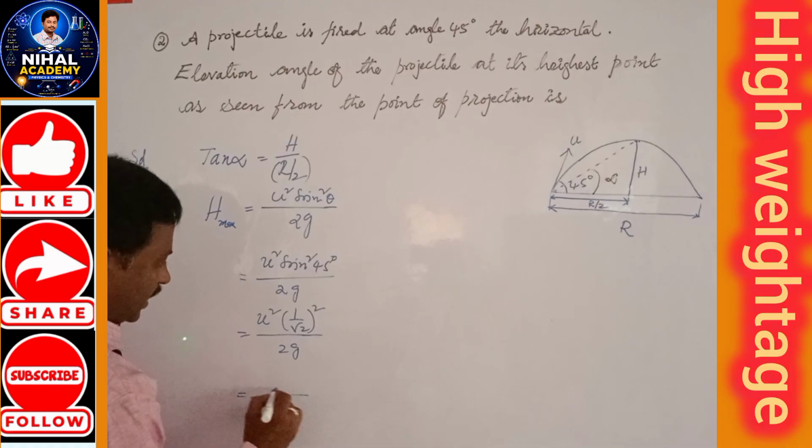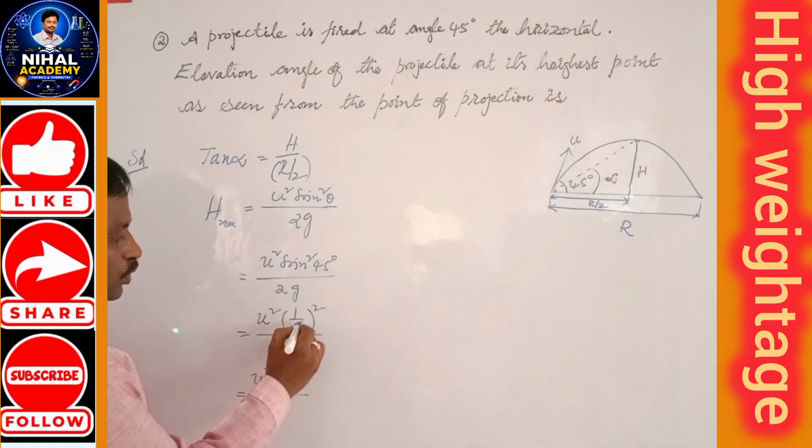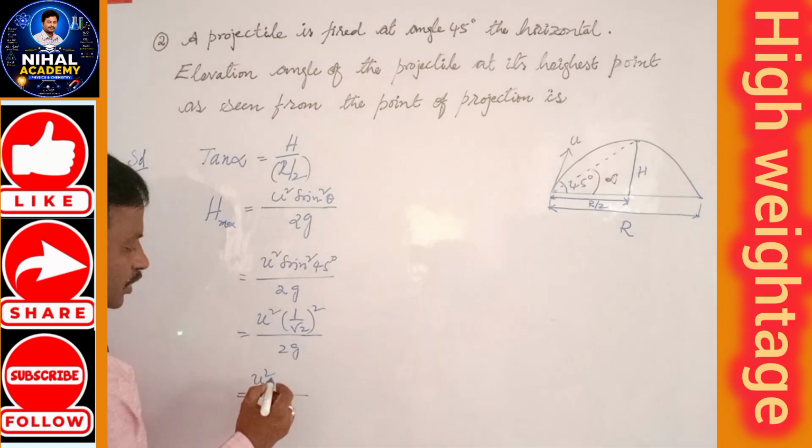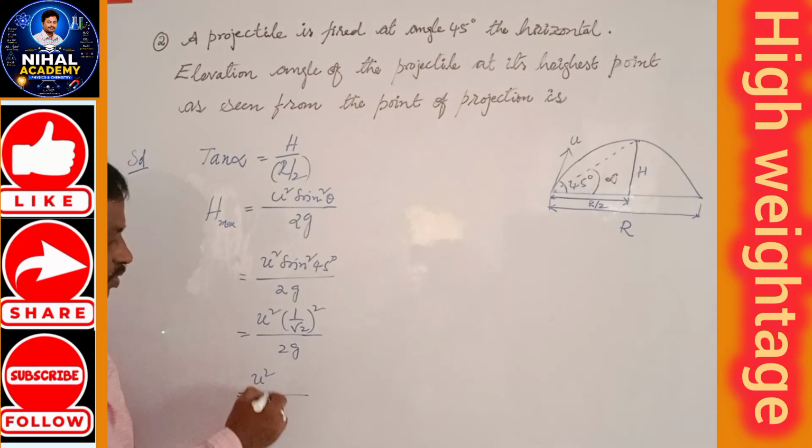Root and square cancel, so that is 1 by 2. So 1 by 2 by 2g is equal to 4g. So this is equal to u square by 4g.